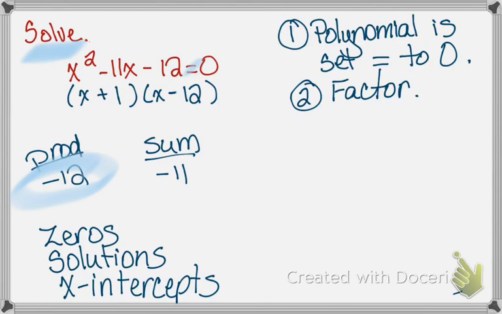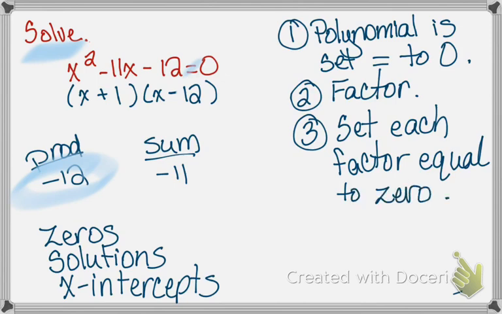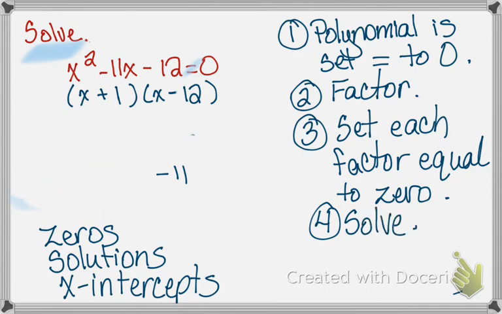I've made sure it's set equal to 0. I have factored it. Now, you are going to set each factor equal to 0. And then you're going to solve. So I have two factors here. Okay, I have two factors.